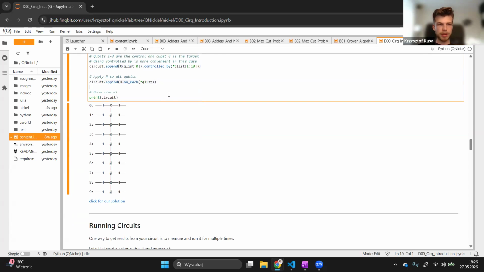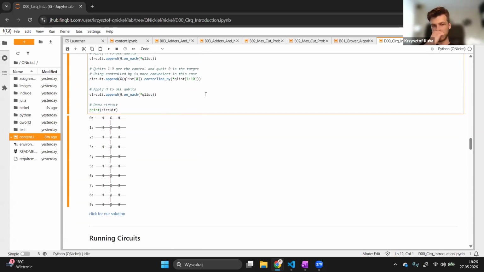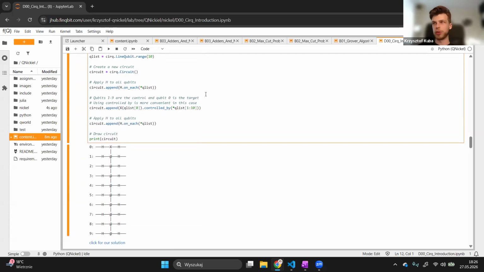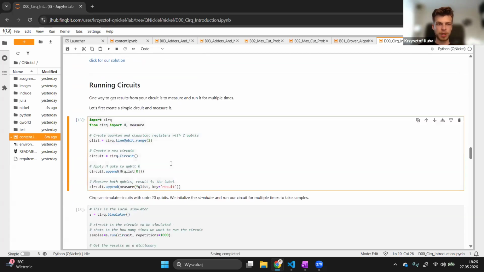And then once again, append Hadamard to each of them. This code snippet will be very helpful for our implementation of the Grover diffusion operator, which we'll talk about later today.